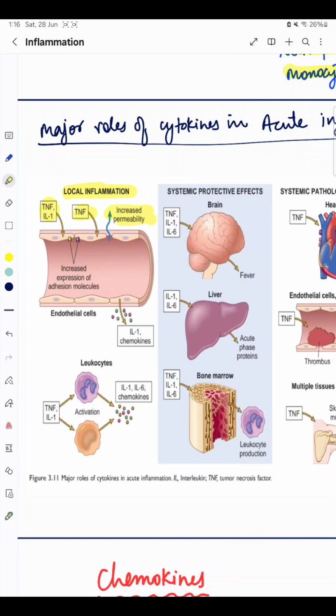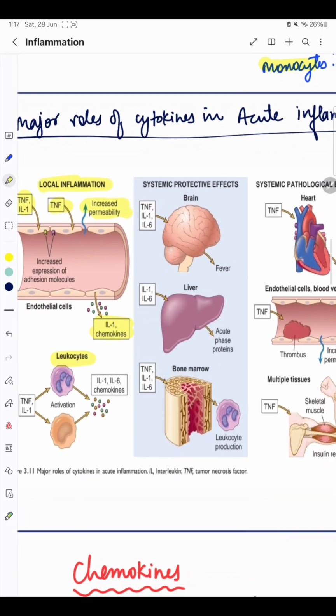Later on, endothelial cells help in releasing chemokines that attract the leukocytes to the site of inflammation. Another effect of cytokines in local inflammation is that they activate the macrophages or leukocytes, which further release other cytokines.